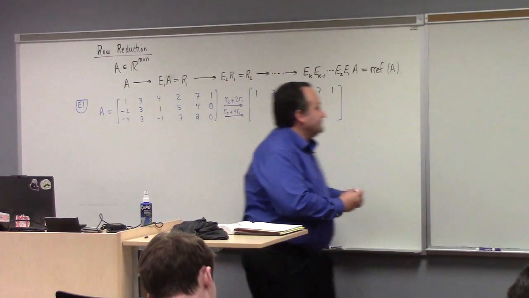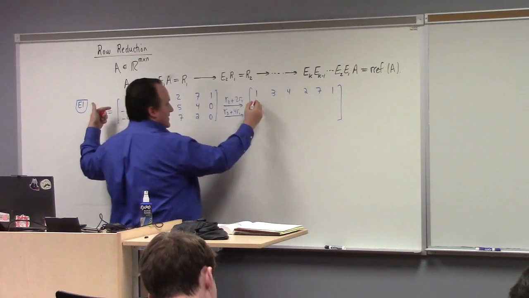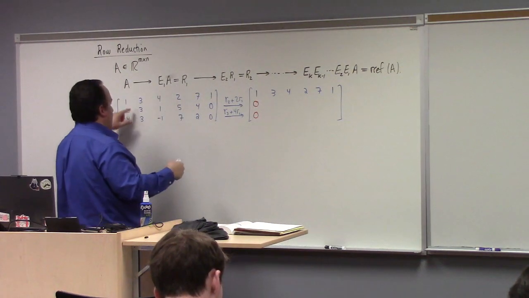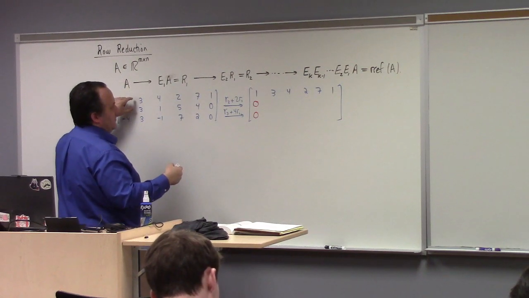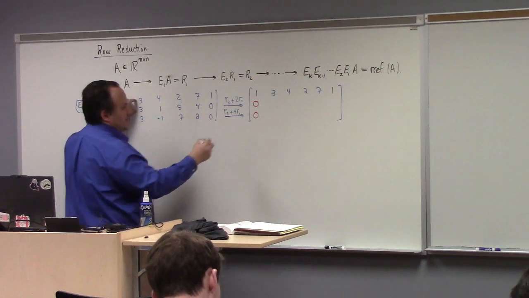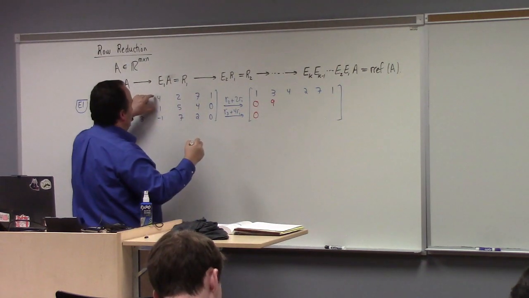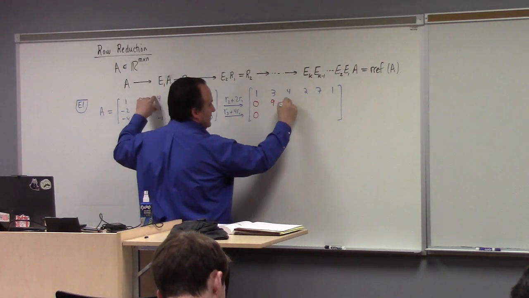So what have you got? Well, we swept out here. We've got 0 and 0 there, right? So I said row 2 plus 2 row 1, so that makes a 9.